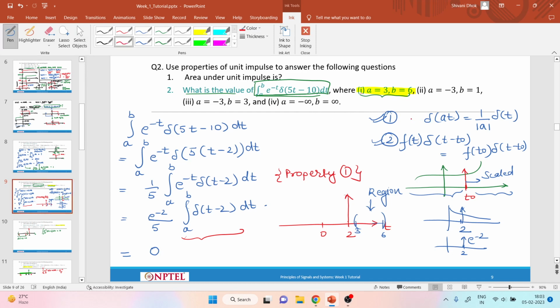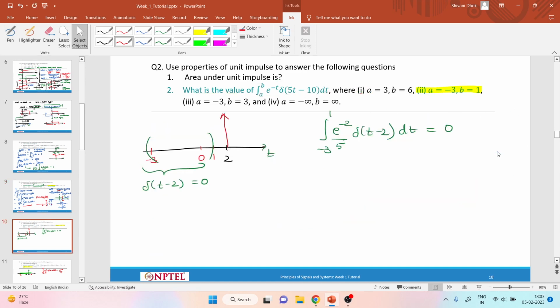The first one is this, that is delta of at is equal to 1 by mod a delta t, and the second property is f of t into delta t minus t naught is equal to f of t naught into delta t minus t naught. So for the second and third part you are asking me, so let us look at this again properly.